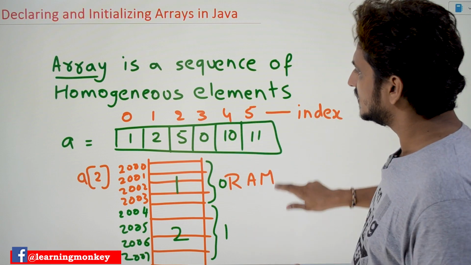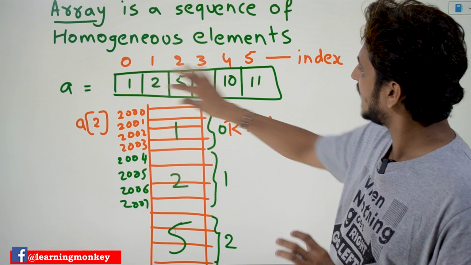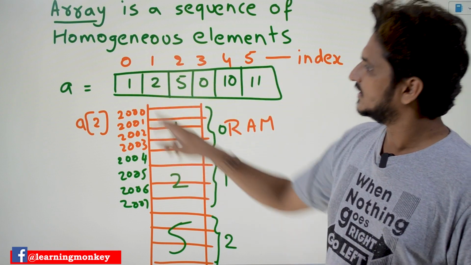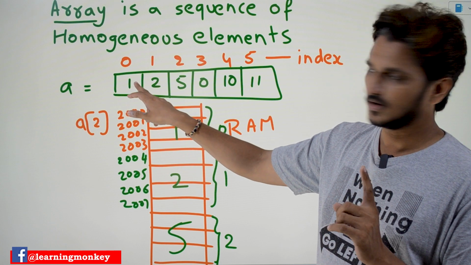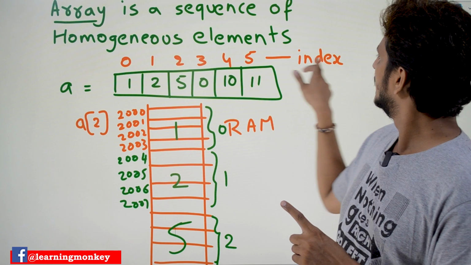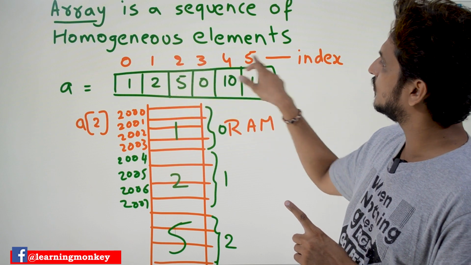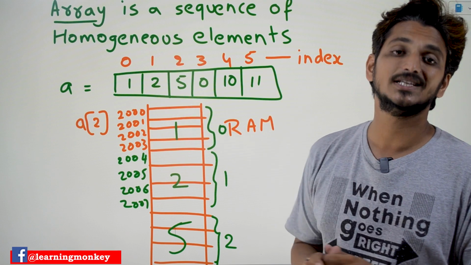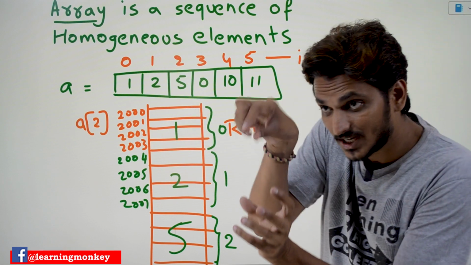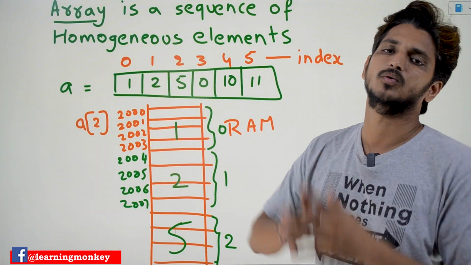Now, one more thing you need to understand: here we are having 6 positions. This position is given by the index value 0. This position is given by index value 1, 2, 3, 4, 5. Total how many positions are there? 6 positions. The index starts from 0.